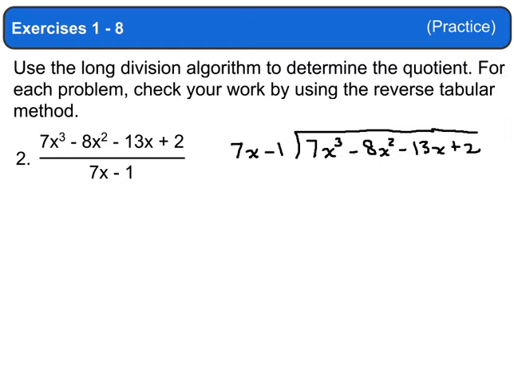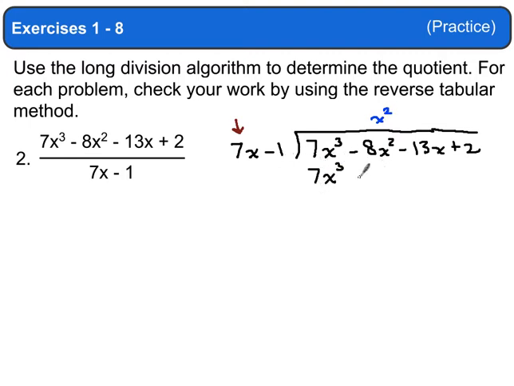So we're going to start with division, right? So we always divide with this first term. And so 7x to the third divided by 7x is going to be x squared. Remember, you move that one place over for the family member design. So x squared times 7x is 7x to the third.